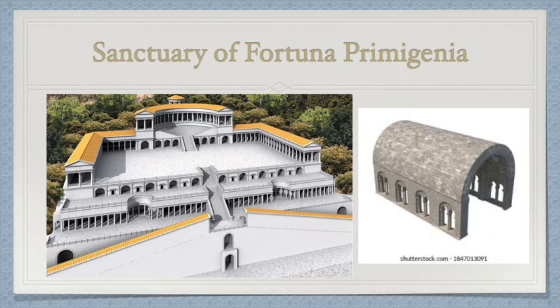And so here in the image you can see a reconstruction of what it is thought the sanctuary looked like. And then I also give you an example of these barrel vaults that were used to create this grand structure.